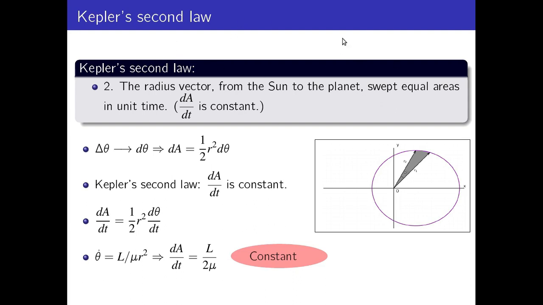Let us try to understand this law. While studying elliptic orbits, we have seen that as r becomes smaller, the tangential velocity increases. And according to these calculations, the amount of the change in the tangential velocity is exactly equal to the necessary one to keep the area swept by the radius vector from the center to the orbit constant in unit time.